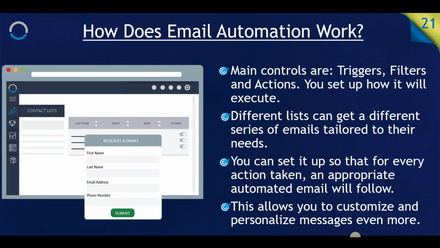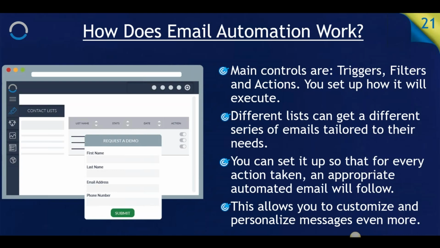Now you have your filters, which you match against when you are going through the process. So for instance, you only want to target certain subset of people based on not only the triggers they've taken, but an additional layer of filtering. And then you have the actions, which is what happens next. You send an email today, email tomorrow at 2 p.m., and an email next week at 5 p.m. So these are the 3 steps to automation.